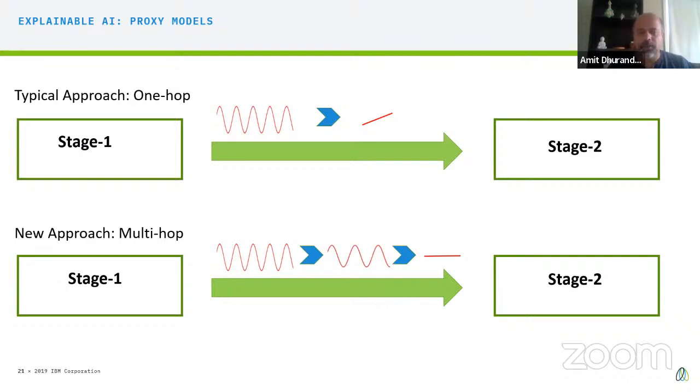You could even create, for example, a sequence of proxies where each of them in between may not be understandable. But the final thing that is going to be consumed might actually have better performance if you fit to these intermediate proxies than fitting directly to the original model.